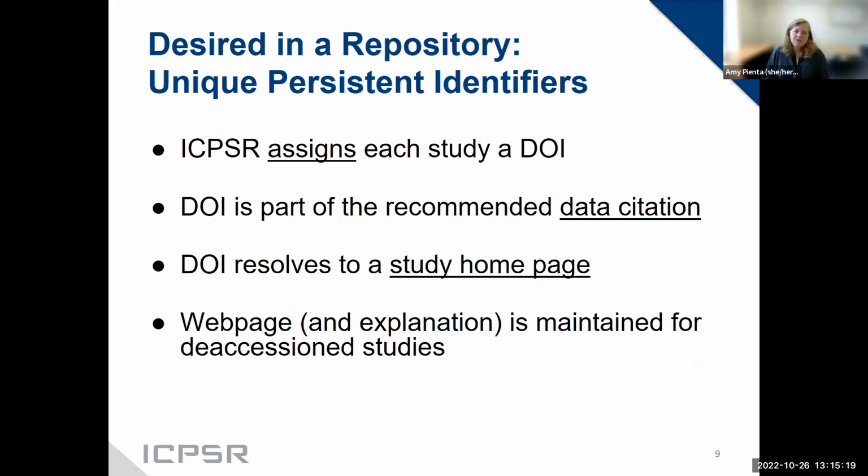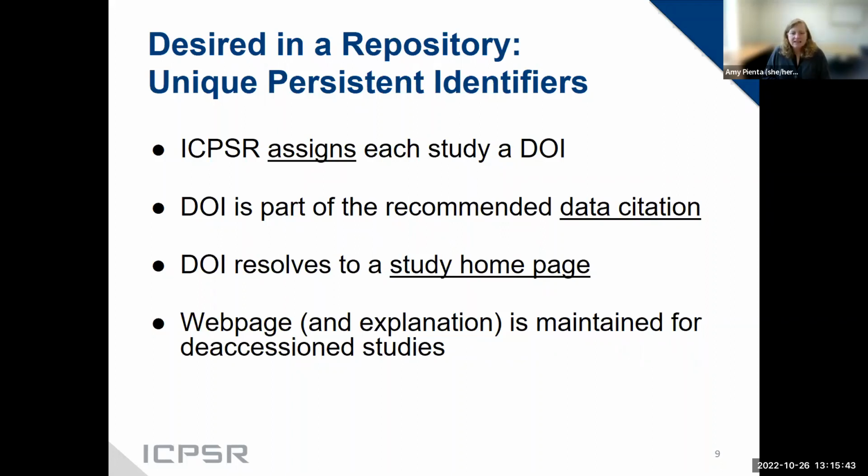As people reference the data that they use in subsequent analyses, it allows any user to come back to the study homepage where the data live. And so that's where that connectivity between the research lifecycle and ecosystem resides.